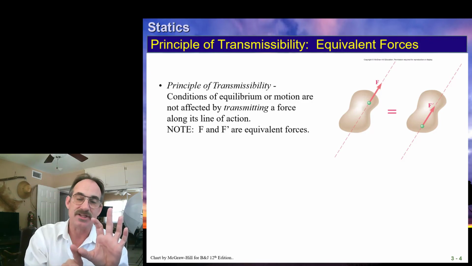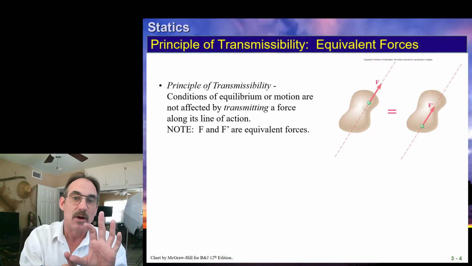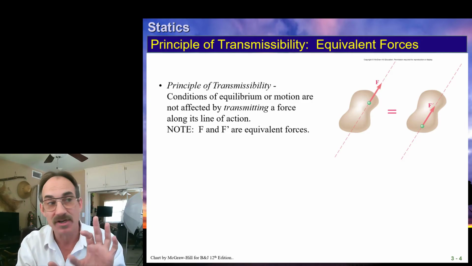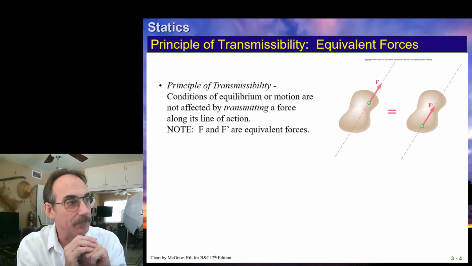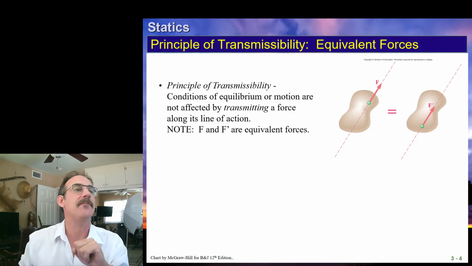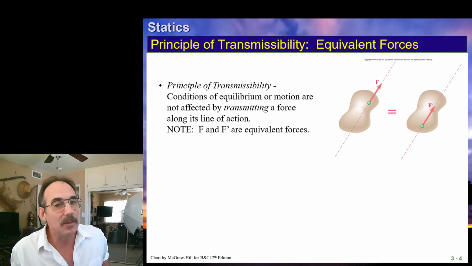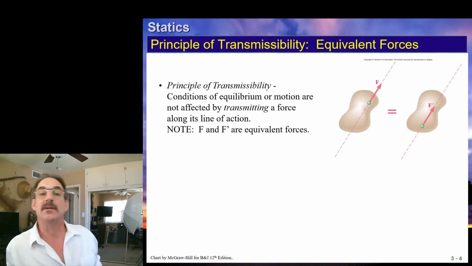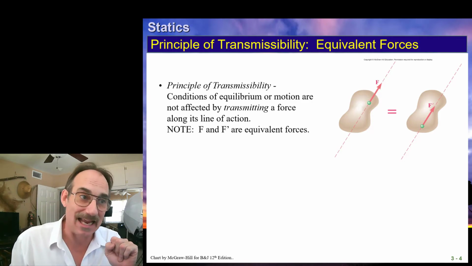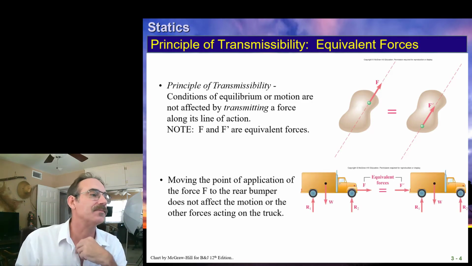What we're saying is translating a force or sliding it along its line of action does not change the conditions of equilibrium. That's what this is saying, okay? So whether we put the force up at the upper part of the rigid body or the lower part, the equilibrium of the entire rigid body is going to be affected in exactly the same way. These are equivalent forces.